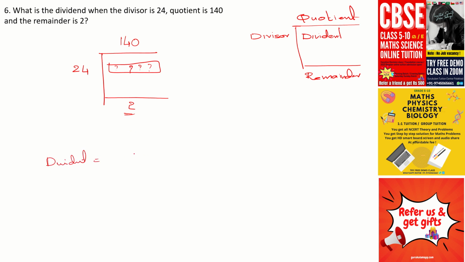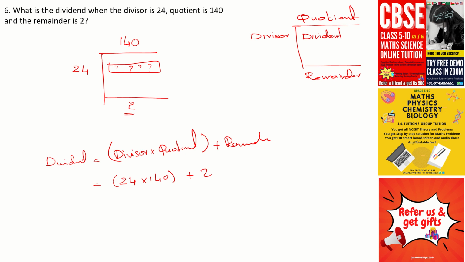Dividend is equal to divisor into quotient plus remainder, right? So what is the divisor here? It is 24 into 140, then plus 2.